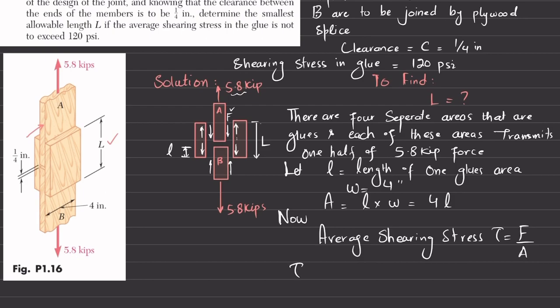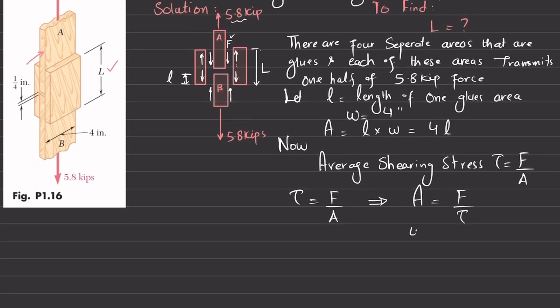And this tau is equal to F by A. So we are interested to find out area A. So area is equal to F divided by tau. And this area is equal to 4l, clear, 4 into l. So F over tau. So this small length l, glued length, will be equal to F divided by 4 tau.